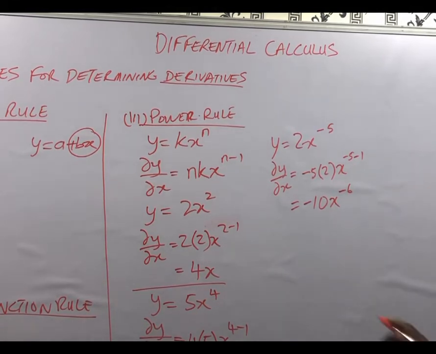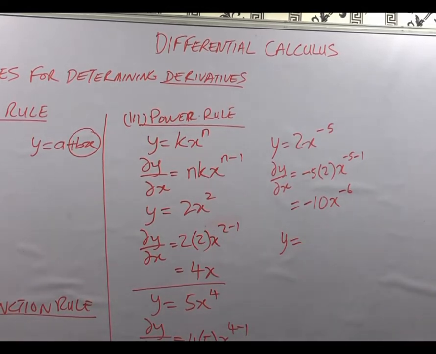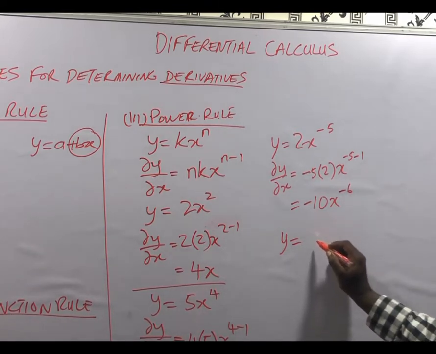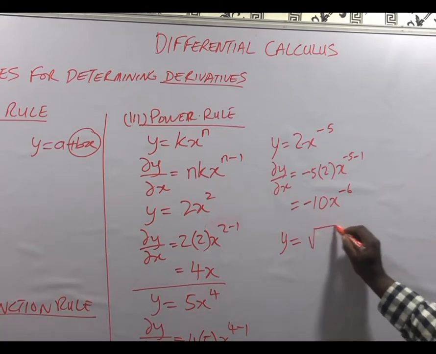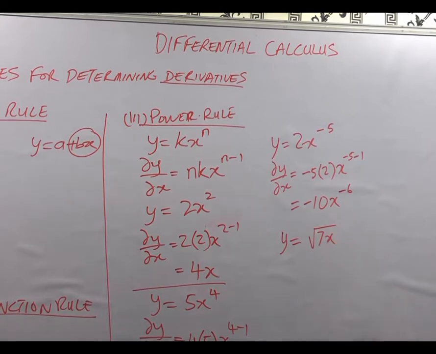Now let me give you another one again. Let's say y is equal to the square root of 7x.